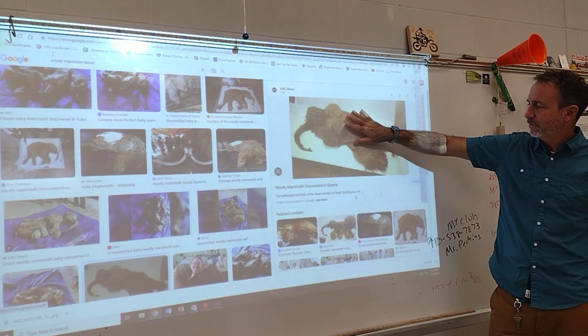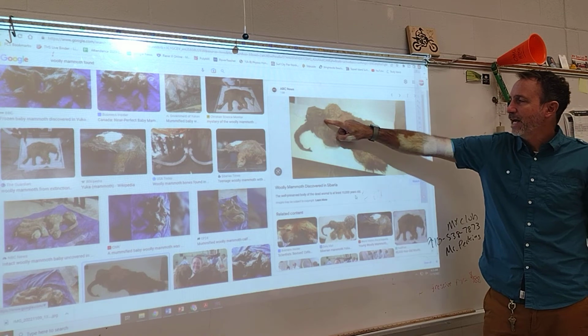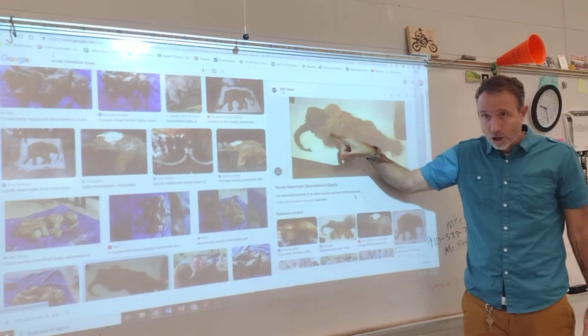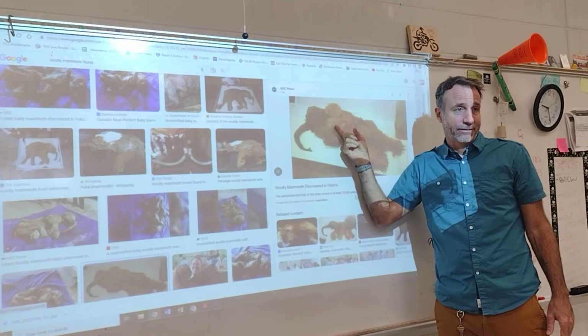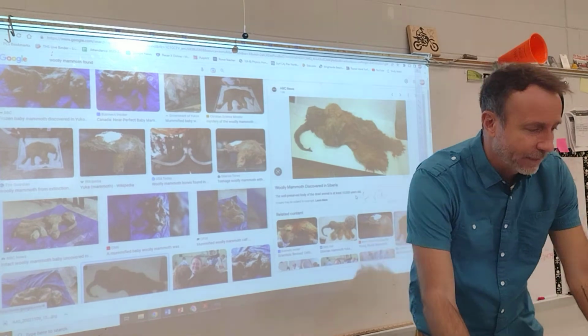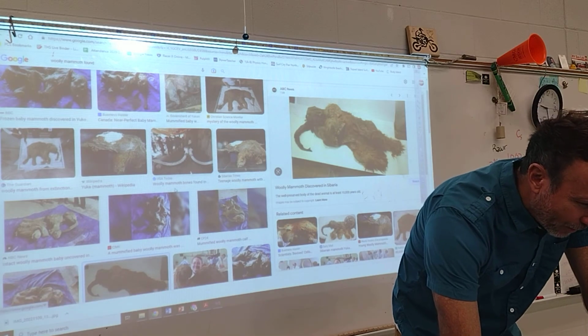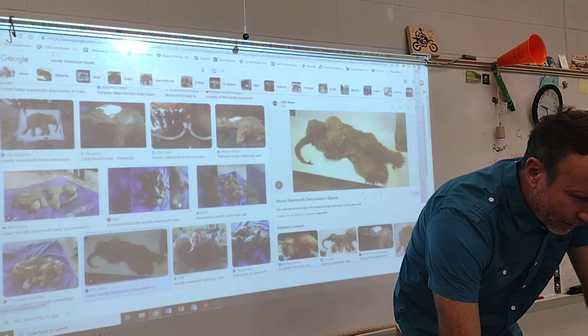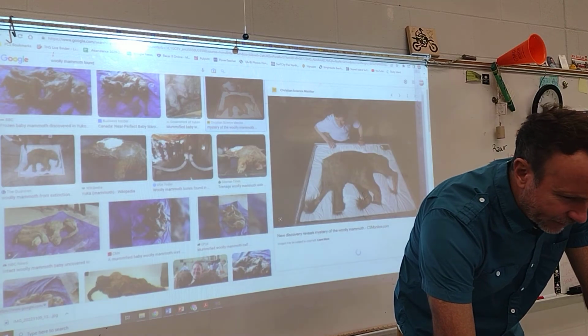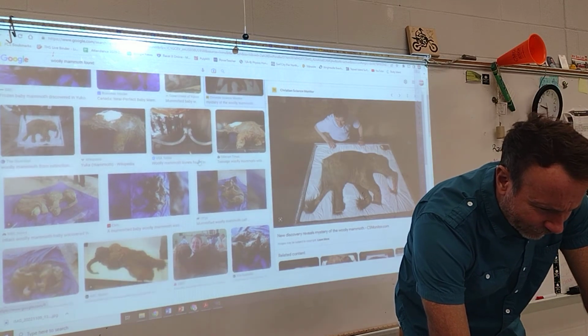And something that's this new, this one is 10,000 years old. How do we know? Carbon-14 dating. Does that make sense? Carbon-14 dating is pretty darn accurate under 50,000, 60,000 years.